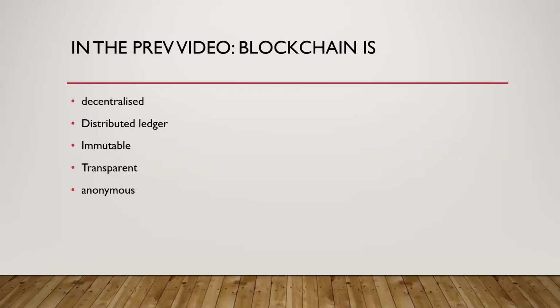I mean, the transaction that has been made, that's it. So who you are, where you belong to, that kind of information will not be visible to anyone within the network or anyone outside the network, if we are talking about a public blockchain here. So in that way it is anonymous.